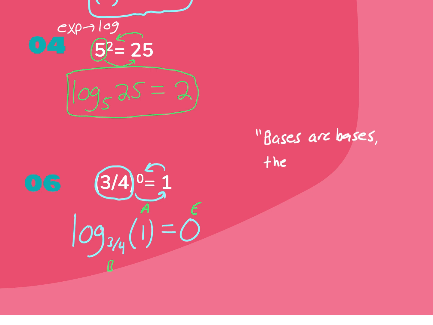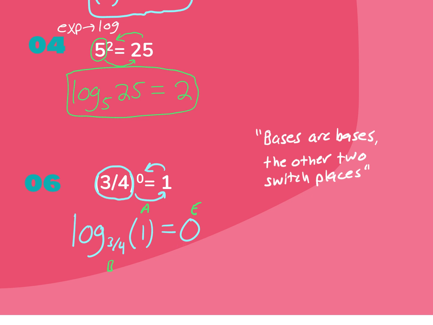And then she said the other two switch places. So the other two numbers are going to swap places, which is kind of what I drew in this little arrow. So for example, the base here is 3/4, so it's going to stay the base right here. And then the other two, in this case, the 0 and the 1, are going to swap places.